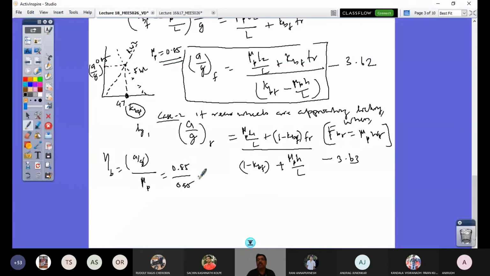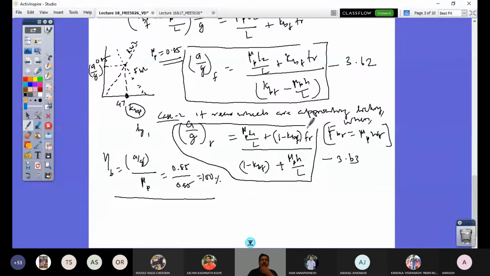So when equation 3.62 and equation 3.63 are equal, that is this scenario. When A by G_F is less than A by G_R, what will happen? Front wheel will lock. That scenario would expect the front axle braking distribution greater than 47%.